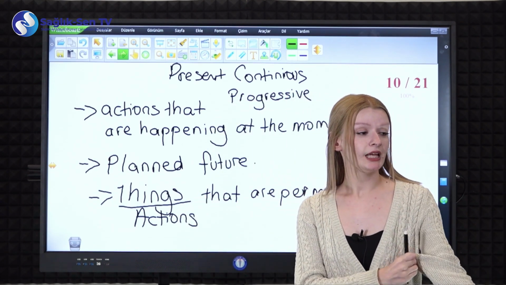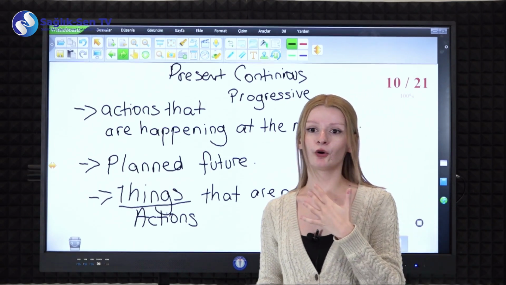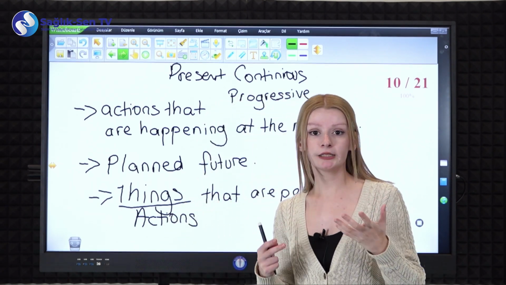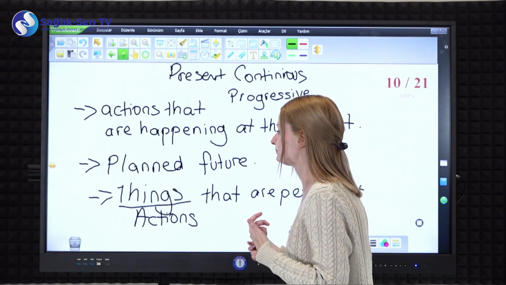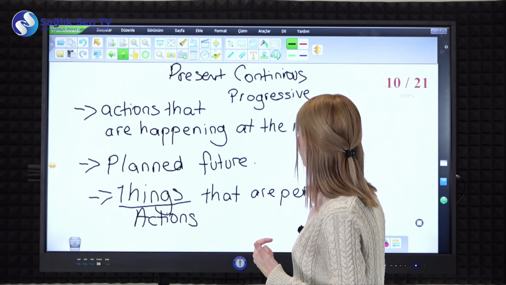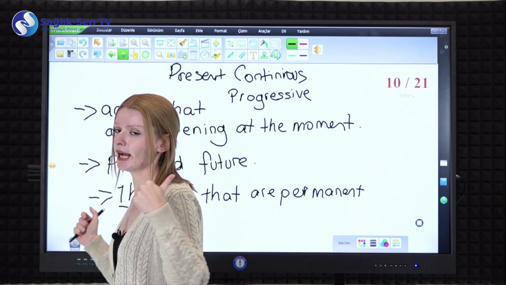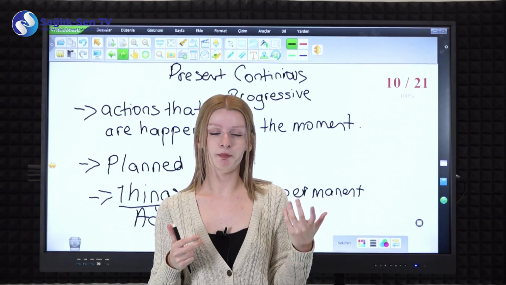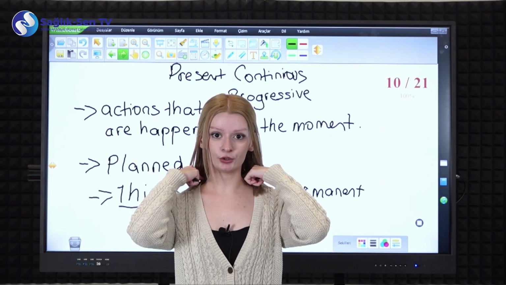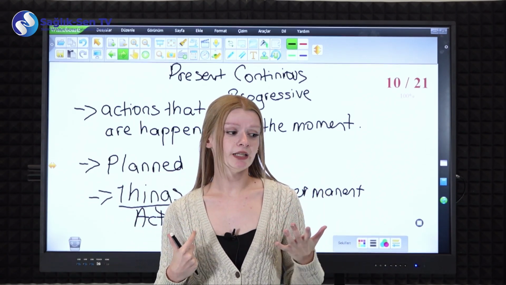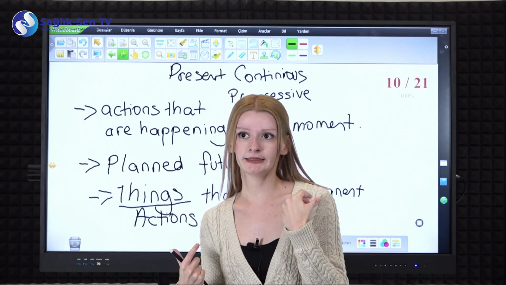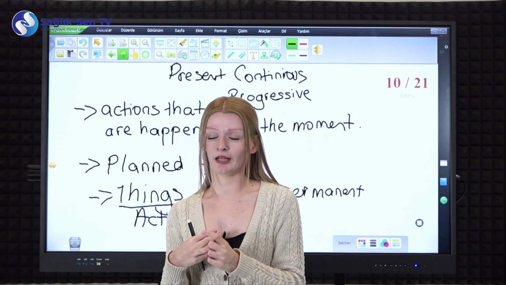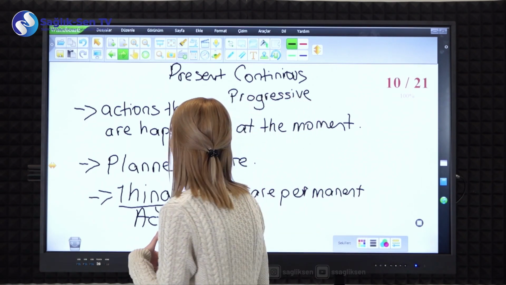It can be my plan for next month, but it's for sure, and I can use present continuous. Also, we said on the last page that when we're complaining about something, we can use present continuous, and to that complaints, we add always, forever, constantly.